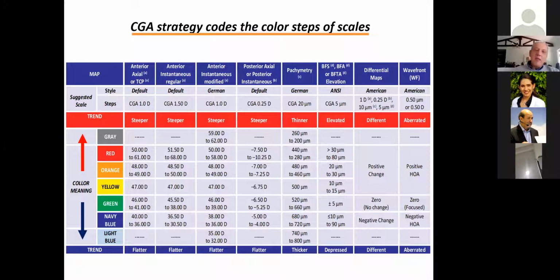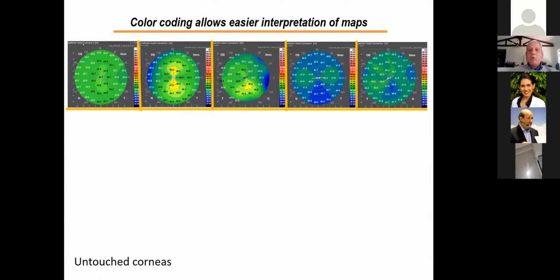It is the last table I prepared with the last scale and modifications. So the color means a lot. We are not dependent on the number and the value, because the number and the value are linked to the color in order to make the maps very easy to understand.